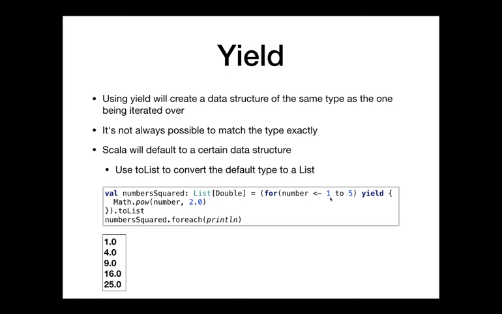Sometimes that can't really be done, and Scala is just going to make up whatever it wants as its default option. It's actually a vector in this case. 1 to 5 is a range, and I can't have a range of doubles. Range is a specific data structure that can't hold doubles. So when Scala sees yield, it's going to just use whatever data structure it wants.